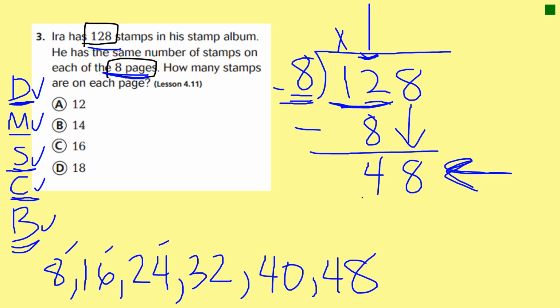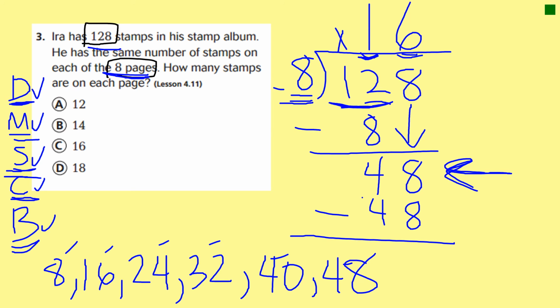Boom. 1, 2, 3, 4, 5, 6. D for divide. 8 goes into 48 6 times. Where do we write that 6? Up here in the quotient, because we're doing division, right? So then we multiply. 6 times 8 is 48. Subtract. 48 minus 48 is 0.